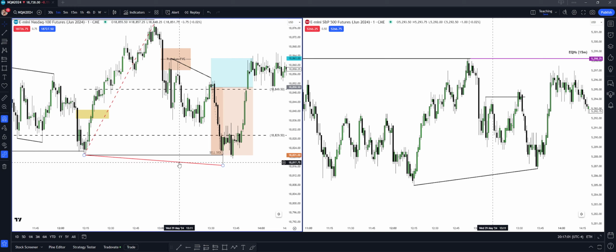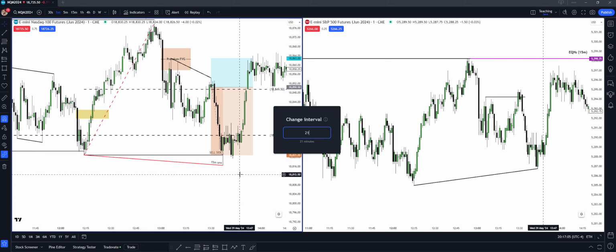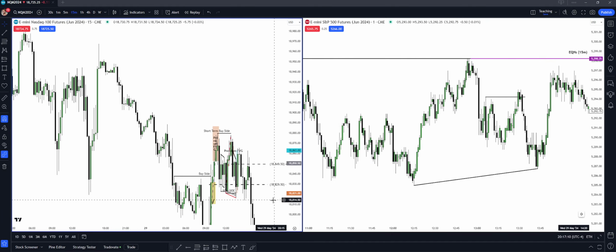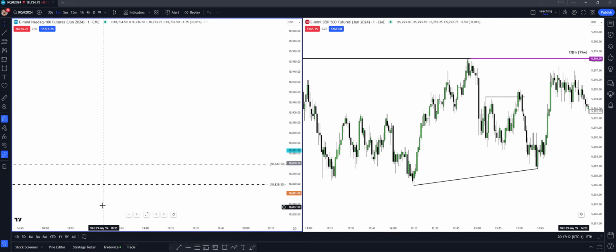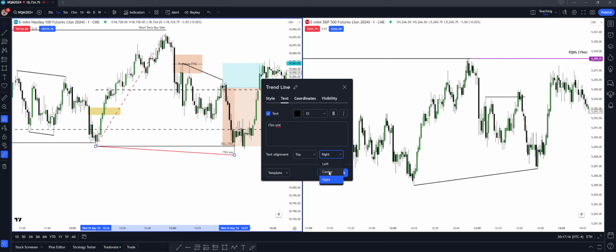So divergence on the 15. Let me see actually if it's 15 or 5. I don't know, because it was way too choppy. Yeah, it's the 15. 15-minute S&T.